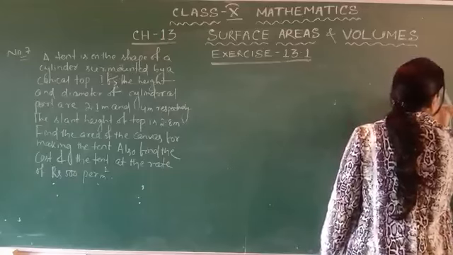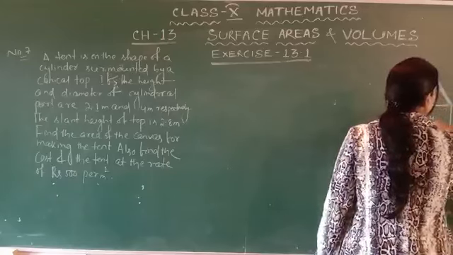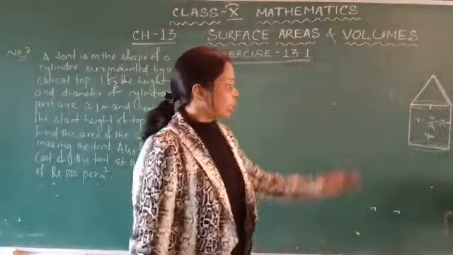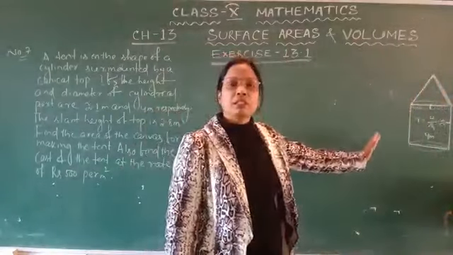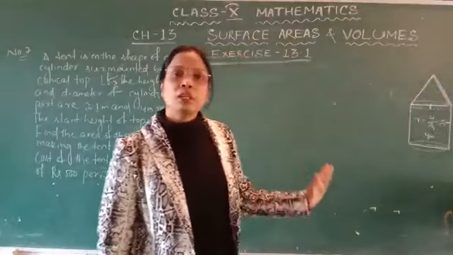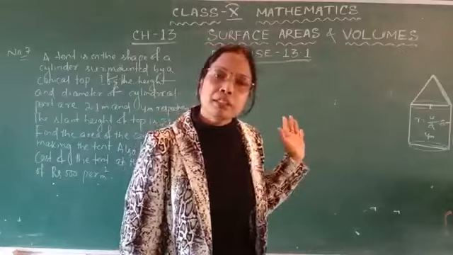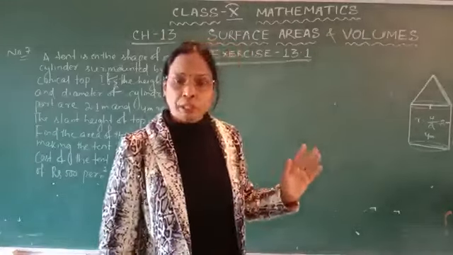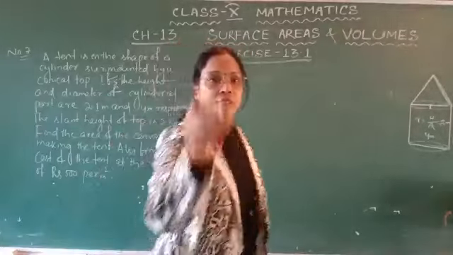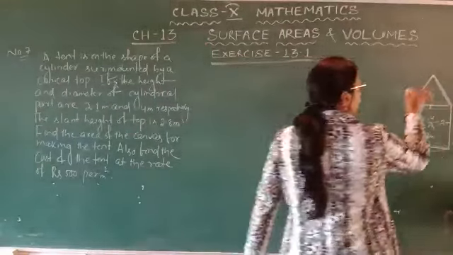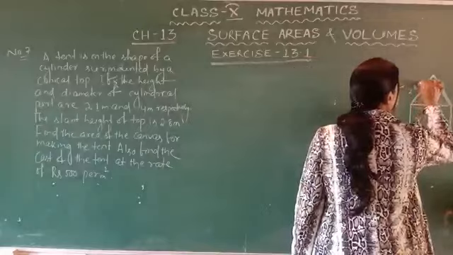So the radius R is equal to 4 upon 2, that is equal to 2 meter. As you see in the figure, the radius of both the conical part and the cylindrical part is 2 meter, and it is also given the slant height of the top. The top is a conical shape, so the slant height is 2.8 meter.